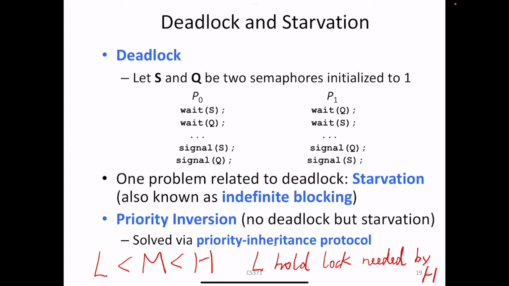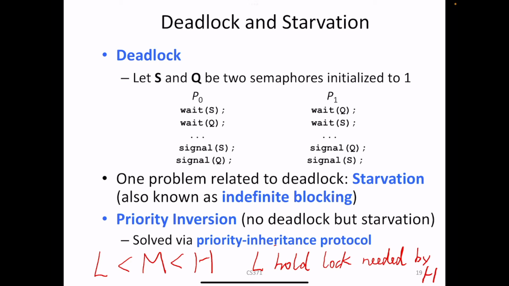Let's look at an example. Suppose we have three processes, L, M, and H, as I drew at the bottom of this slide. Their priorities are just like their names: lower, middle, and highest. L holds the lock, either a spin lock or a mutex lock, which is needed by H.